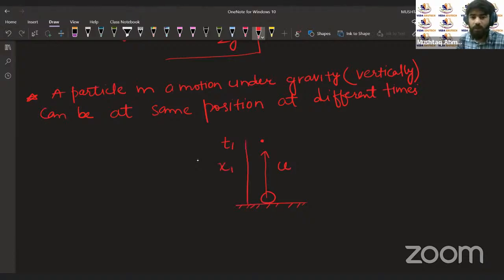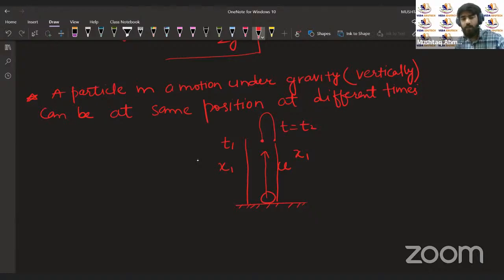After some time the particle goes up and comes down, and at time t2 the particle is once again at the same position x1. So we can see that the particle can be at the same position at two different times.